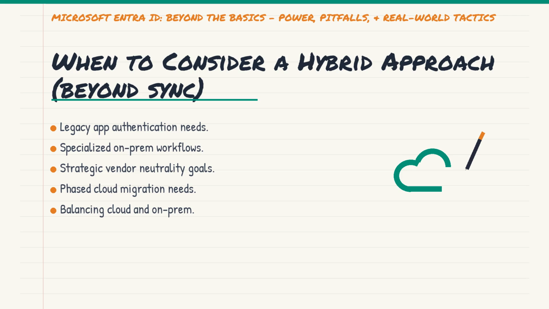Or, you might use Entra ID for cloud SSO but still rely on a specialized on-prem IAM tool for highly sensitive internal resources or complex workflow approvals that Entra ID doesn't handle natively. It's about architecting the right mix for your specific environment, not forcing a single solution.